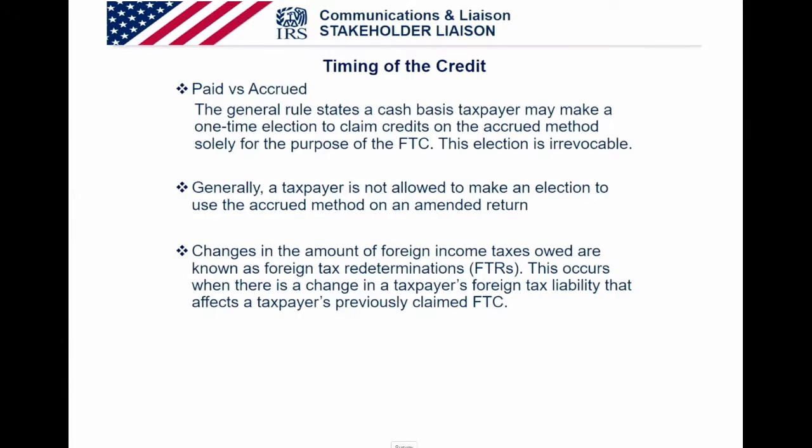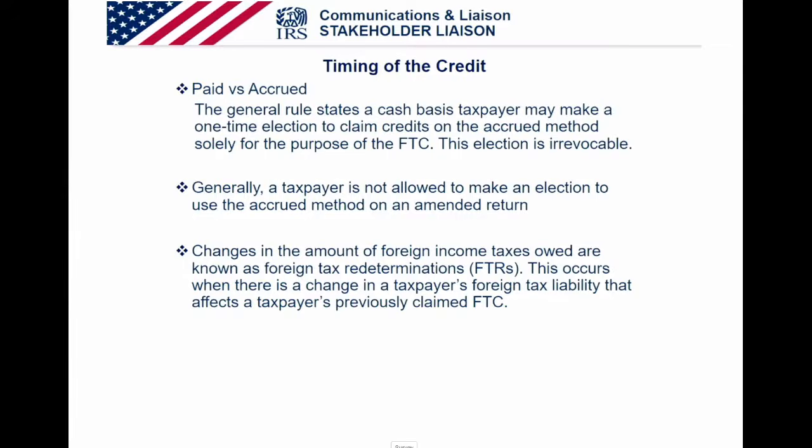Carrybacks and carryovers are figured separately for each separate category. And a period of less than 12 months, a short year, is considered a tax year. A taxpayer can only carry over excess credits if the taxpayer chooses to claim the FTC. There is no credit carryback or carryover if the taxpayer chooses to deduct.